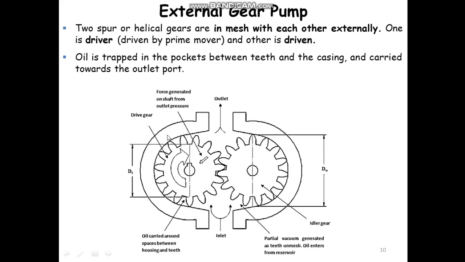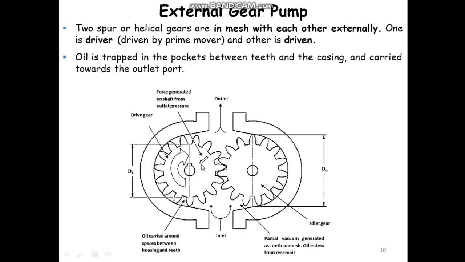Now this is very important because of the air which is available in these pockets. Let us call this space pockets, because the space available between two teeth and the casing is called pockets. So these pockets will have some air trapped in them, even from this side.